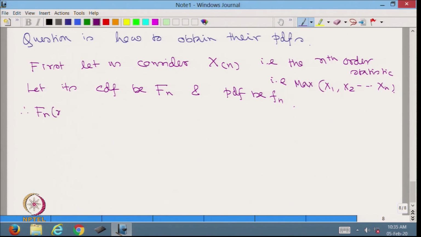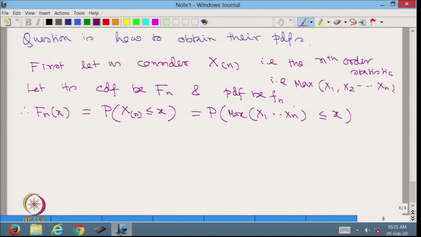F_n(x) is equal to probability x(n) less than or equal to x, which is equal to probability maximum of x1, x2, ..., xn less than or equal to x, which is equal to probability all x1, x2, ..., xn less than or equal to x.